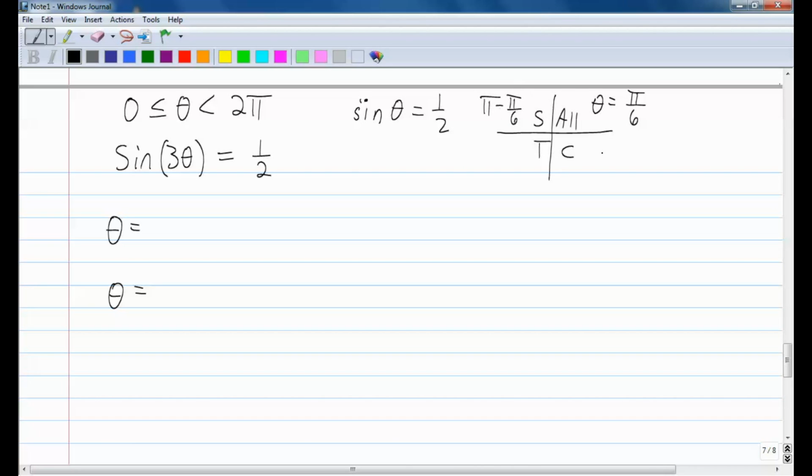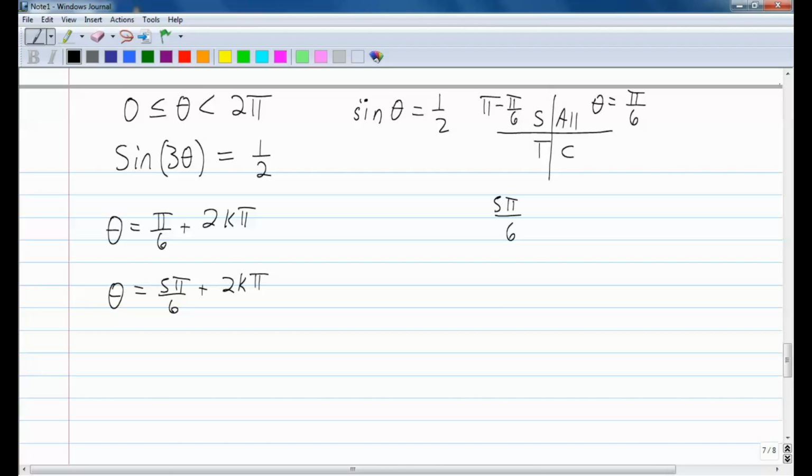So that would be 5 pi over 6. So whenever I set up my two general equations, that'll be pi over 6, 5 pi over 6, plus 2k pi and plus 2k pi.